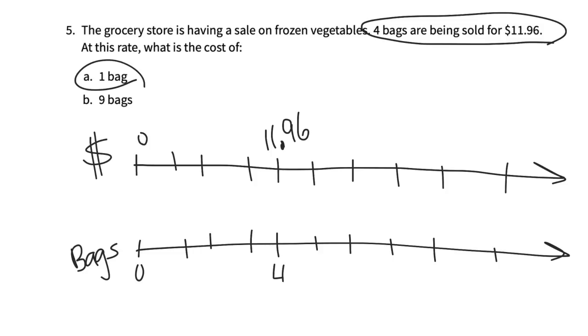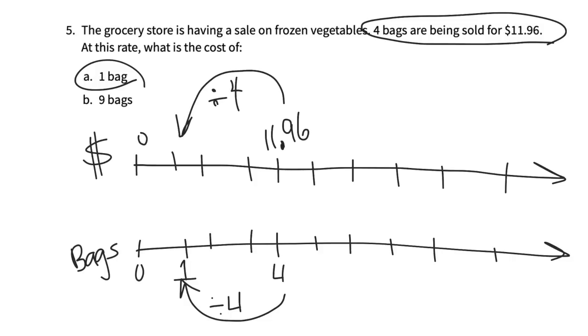So now how are we going to do our 1 bag? Well, we're just going to divide by 4, and that's going to give us 1 bag. We're going to do a cosmic leap and divide by 4, and that's going to give us the cost of 1 bag.